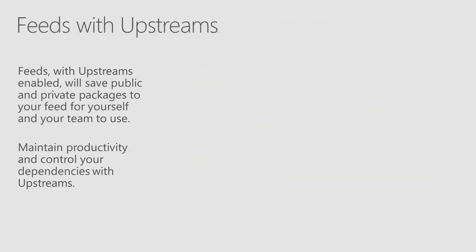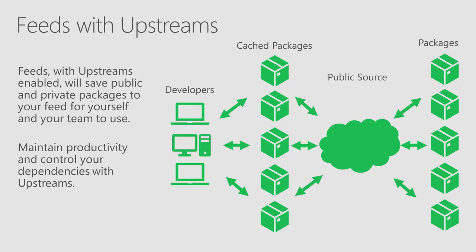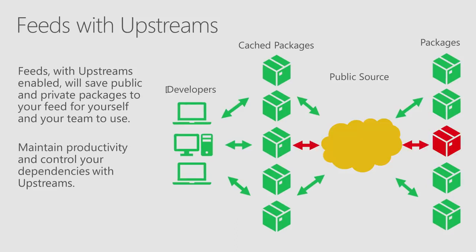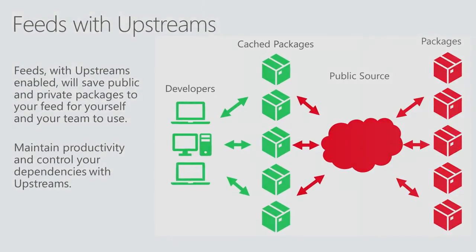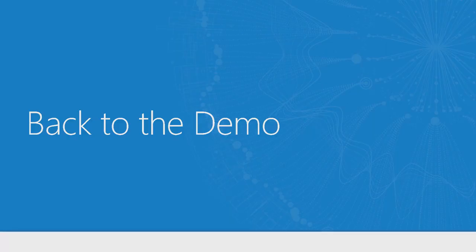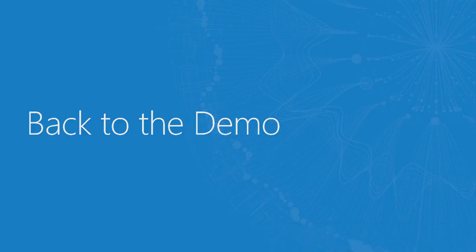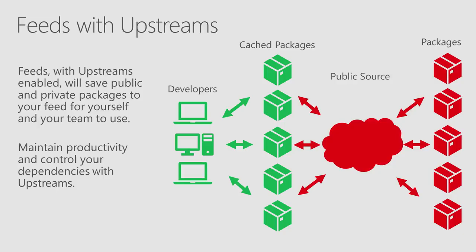In both of these cases, feeds with upstreams enabled help developers maintain productivity. A feed will not only host the package you create, but also the dependent packages from the public upstream and store it as a saved copy. So while the second incident caused quite a bit of problems for developers, teams using feeds with upstreams enabled would still be able to use their packages, since the removed package would still be resident in the team's feed.